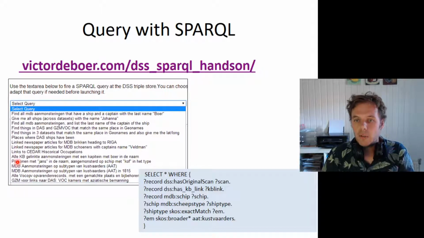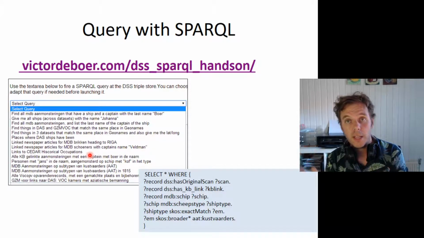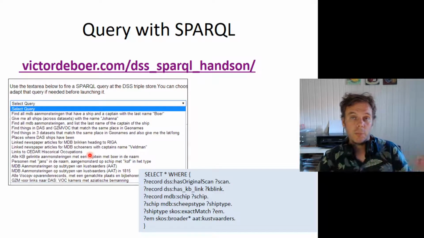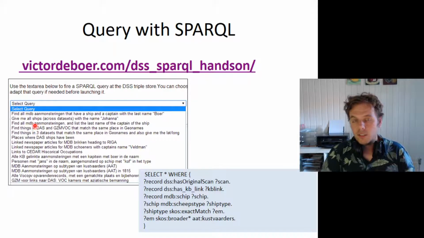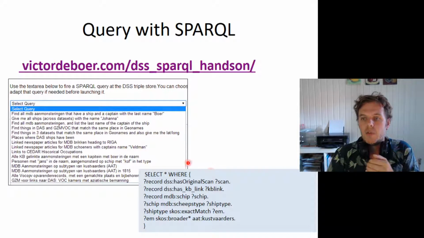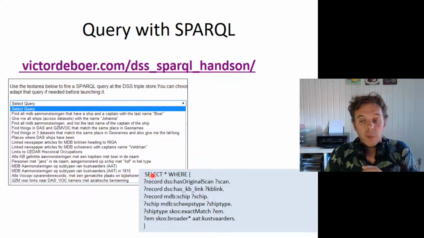Or I want to find all occupations and the census occupations from 18 something and then link them to the ship jobs that we found in our other database. So all kinds of different questions, and then we map them to SPARQL queries, which you just saw. So these are basically, again, these graph patterns, and they could be mapped. But that's quite nice.